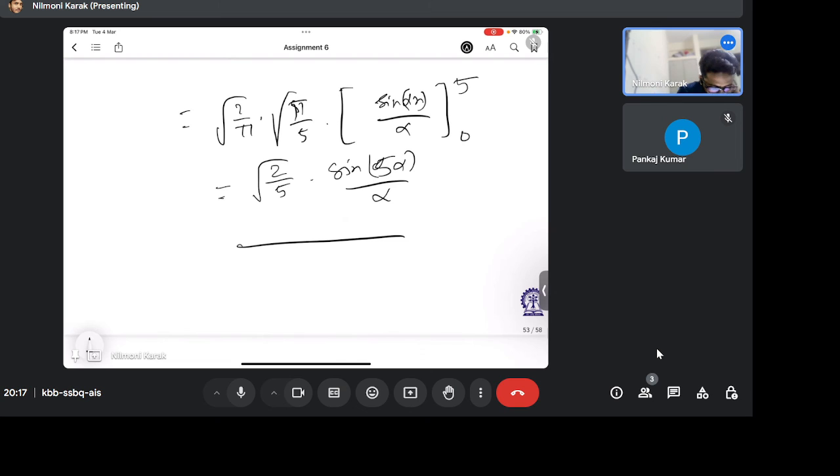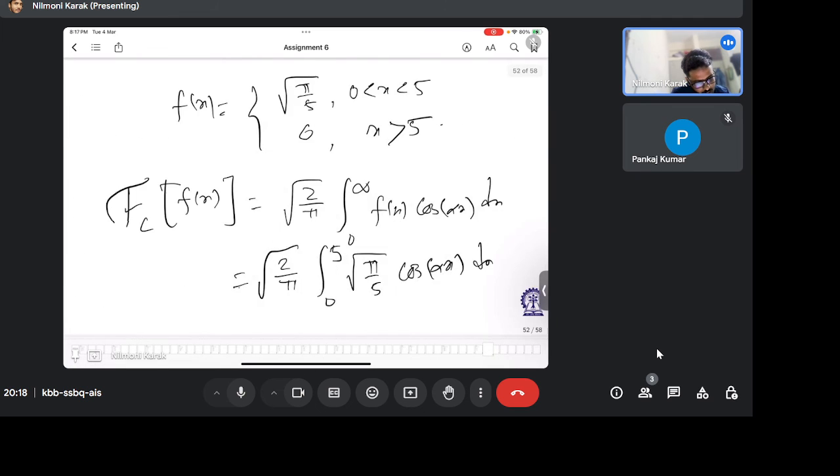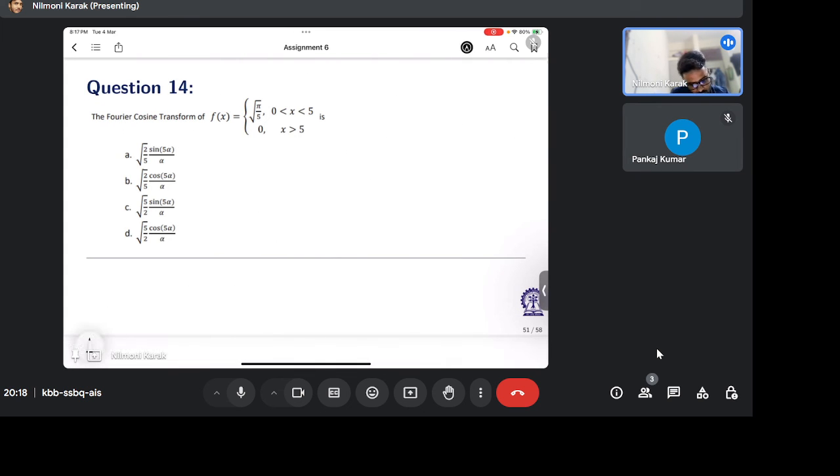So root 2 by 5 sin 5 alpha divided by alpha. Which option is correct? Root 2 by 5 sin 5 alpha by alpha. Yes, option A. This was the last problem.